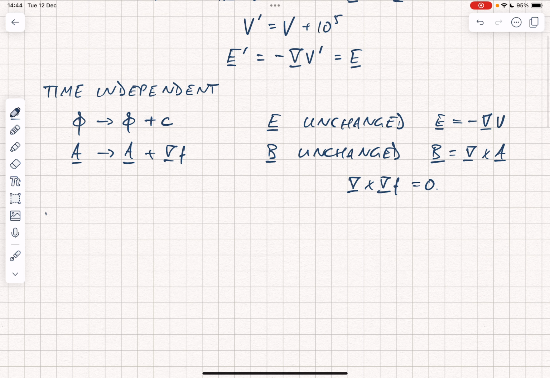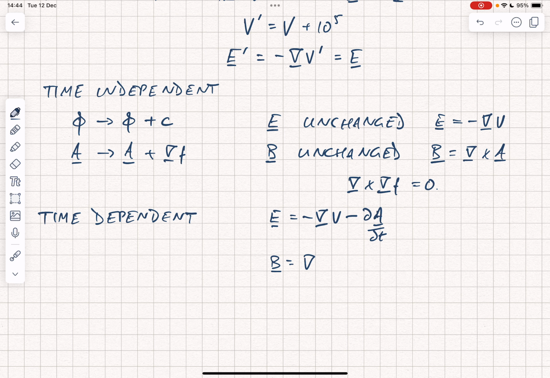Now, when we are time dependent, things become just a little bit more complex. The reason is that when we're time dependent, the vector potential affects E. So in time dependent, we have E is equal to minus the gradient of V minus dA by dt. B remains the same.